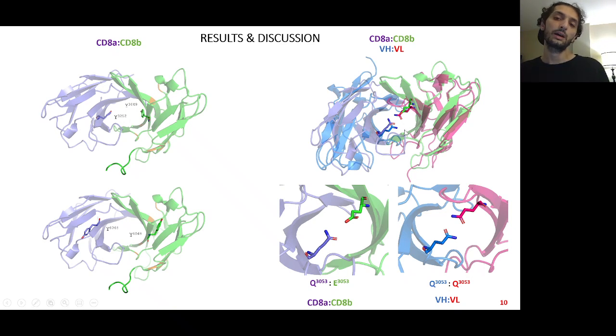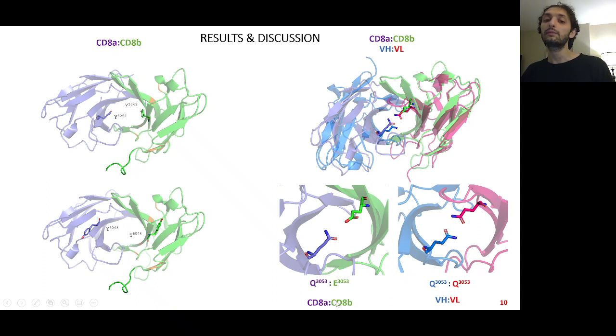And here on the right, you see an overlap of both the VHBl dimer and the CD8 alpha beta dimer. And you'll see that there is this important interaction that is separating the two chains. And in the case of VHBl, it's actually the same residue in the same place.